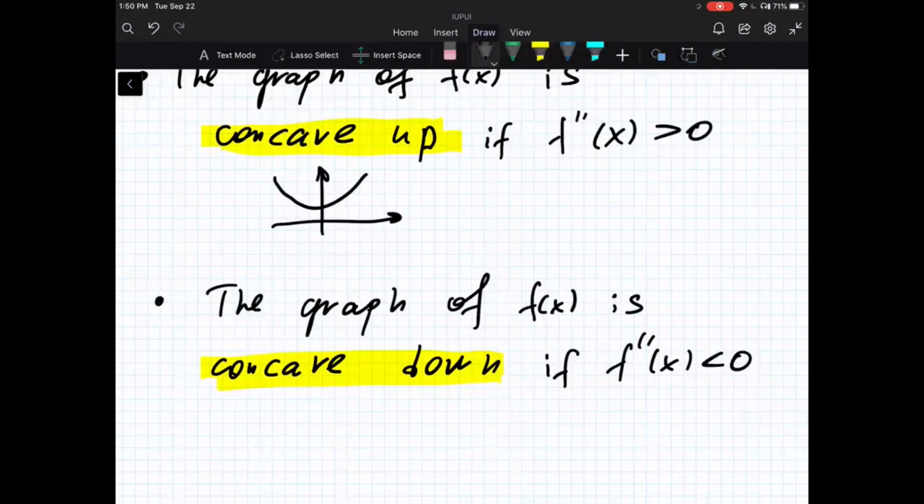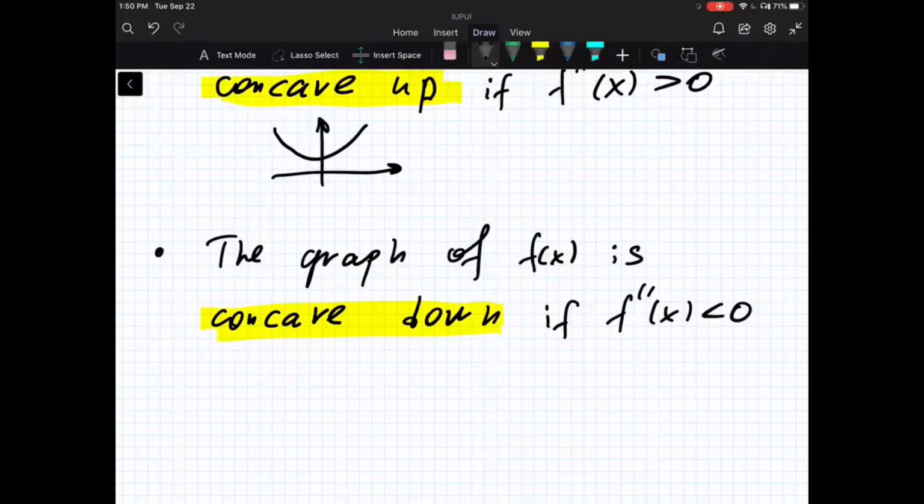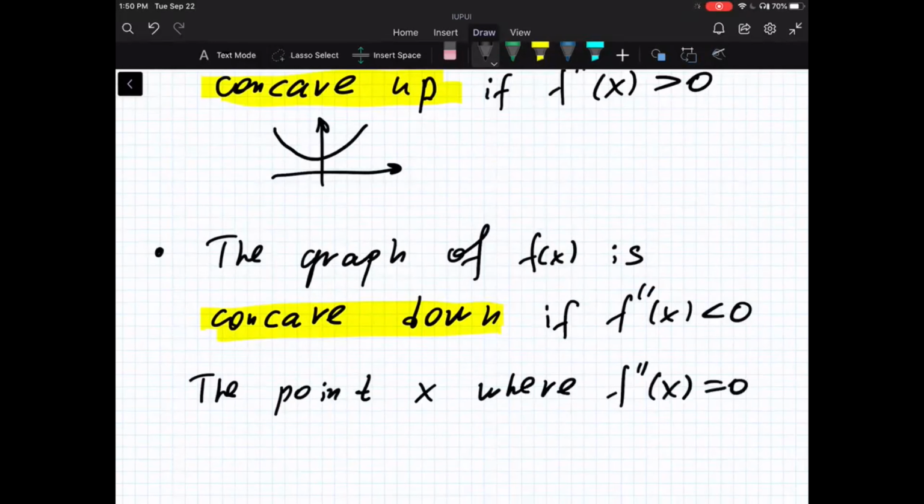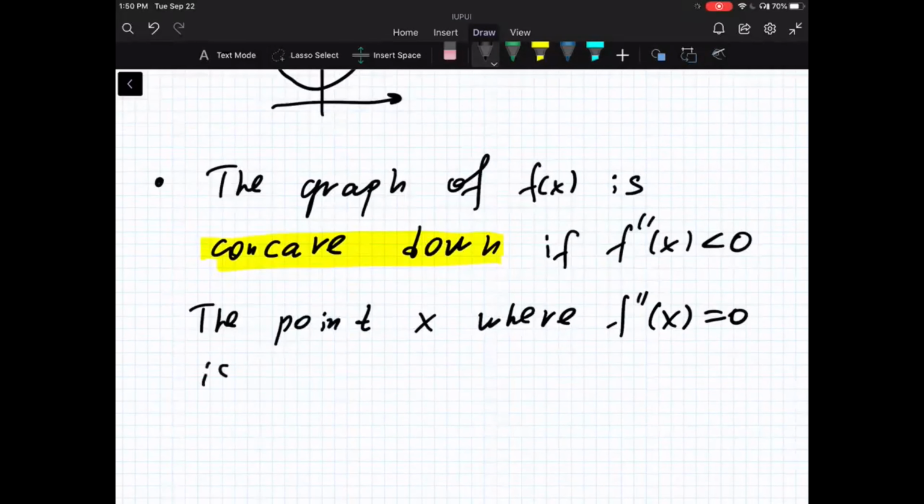And the point x where f double prime of x is equal to 0 is called an inflection point.